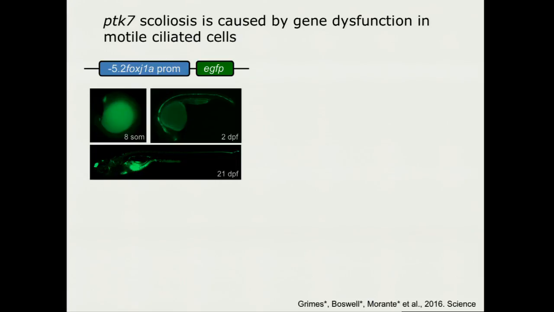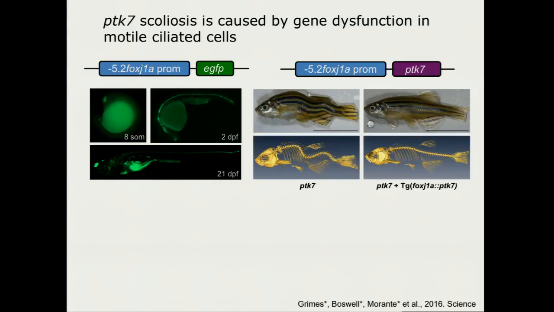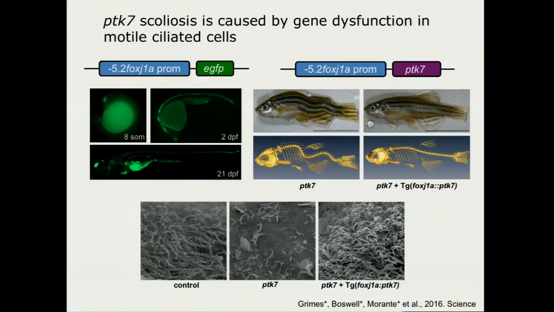So we used this same element to drive wild-type PTK7, and the question is, can expression of normal PTK7 only in motile ciliated cells rescue the scoliotic phenotype? And the answer was that it can. So you can see the PTK7 mutant with the severe spinal curves, and then the presence of the transgene rescues that phenotype. And as you'd expect, it also fully restores ependymal cilia and CSF flow.